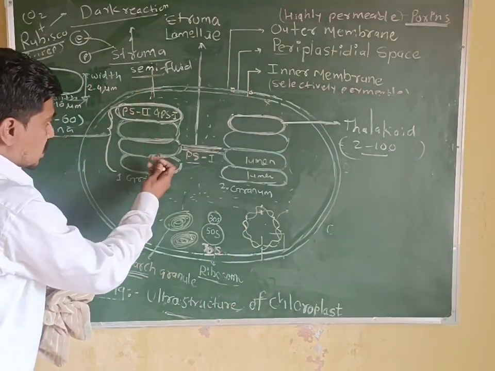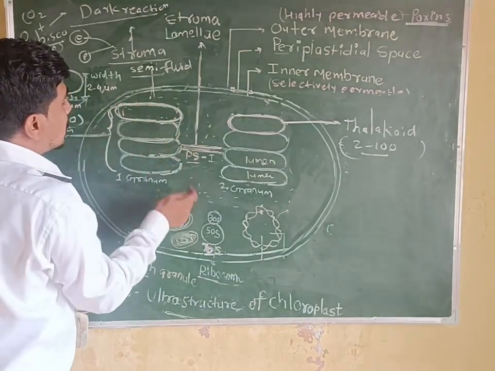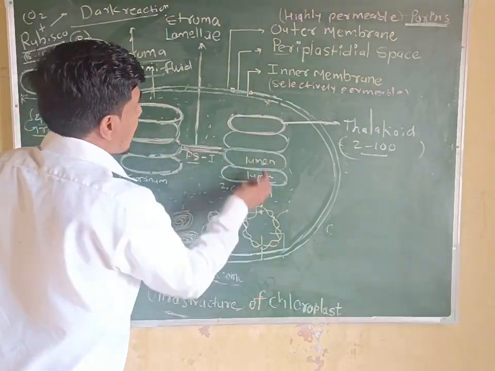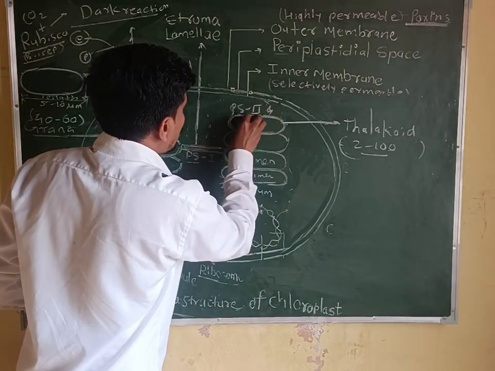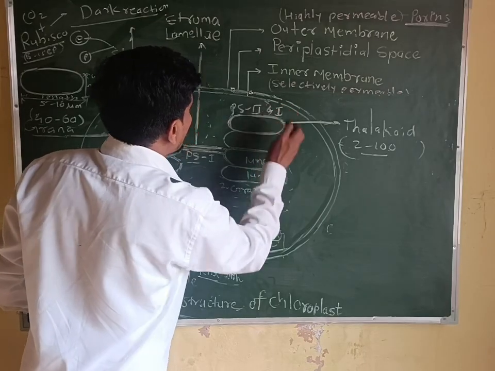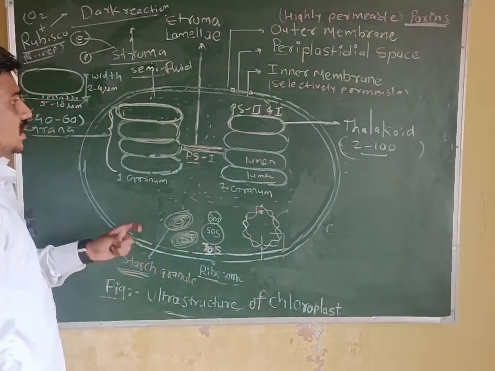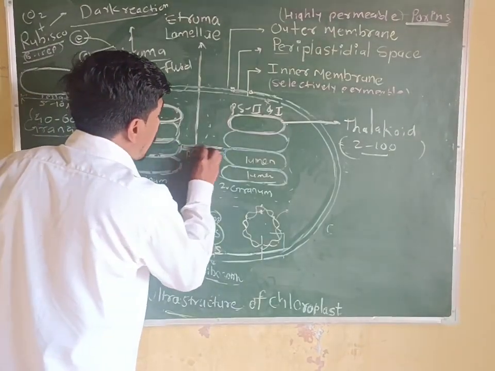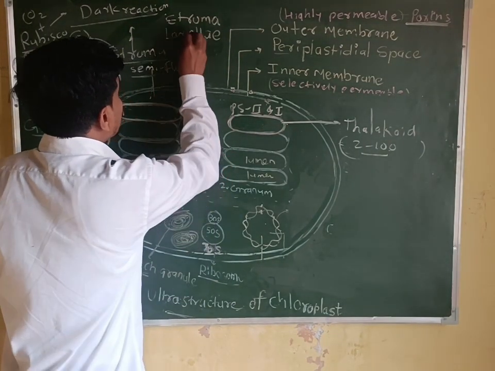So we will discuss the grana. On the surface of the grana, photosystem 2 and photosystem 1 are present, but only one photosystem is present on the stroma lamellae.